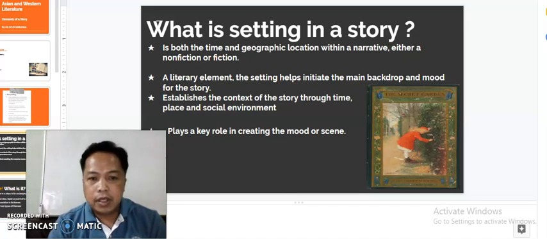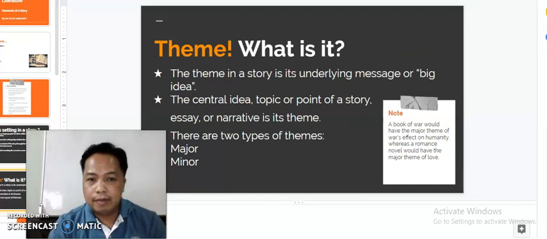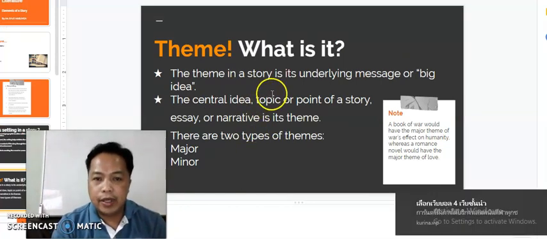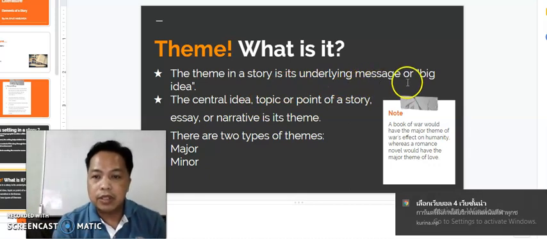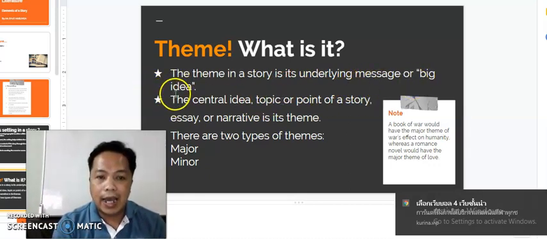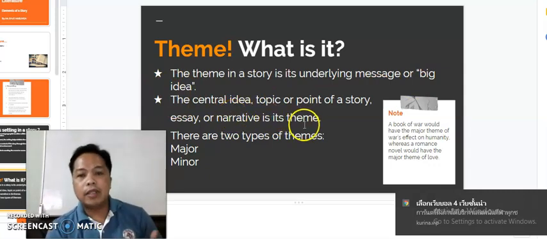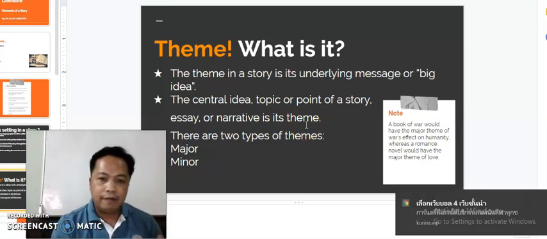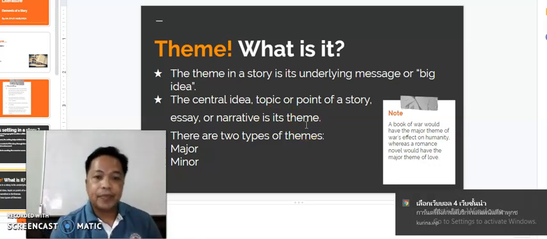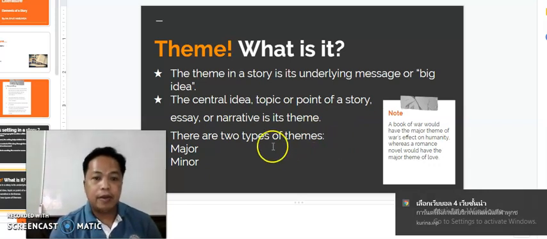In a story, it is its underlying message, or the central idea, the topic or point of a story, essay, or narrative. There are also two types of themes. We have major themes and minor themes.